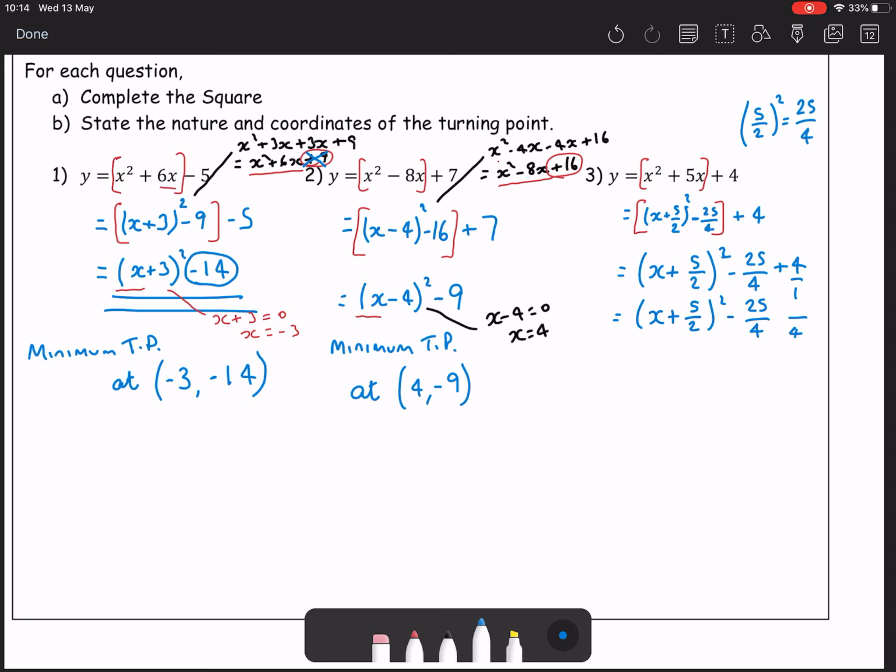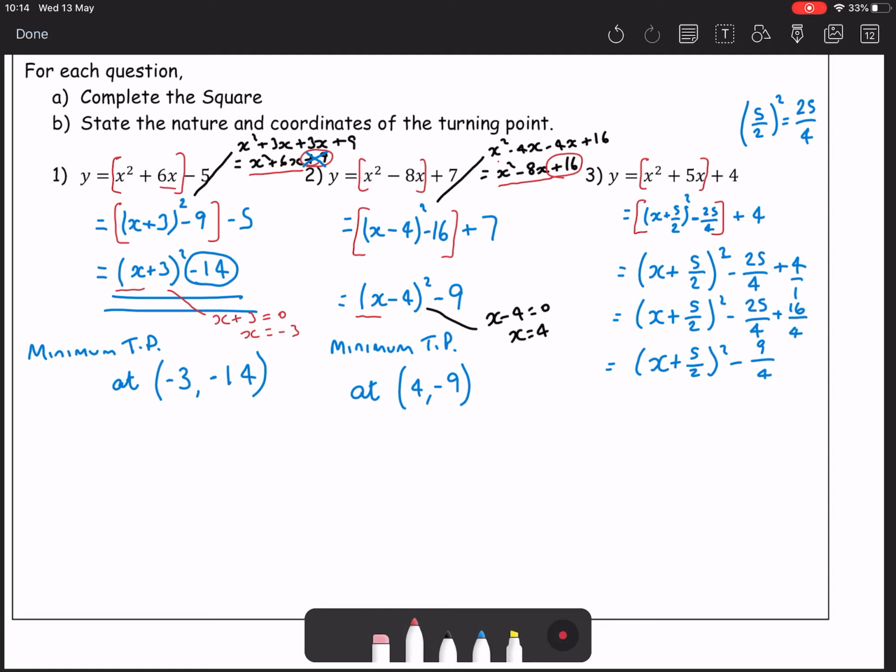So I must multiply the bottom by 4 to get 4, and multiply the top by 4, which would be 16. So x plus 5 over 2, all squared, minus, I've got 25 fourths and I'm adding on 16 fourths. How many fourths have I got overall? I've got subtract 9 fourths. And that's my completed square form. Definitely complicated when I have my odd number.